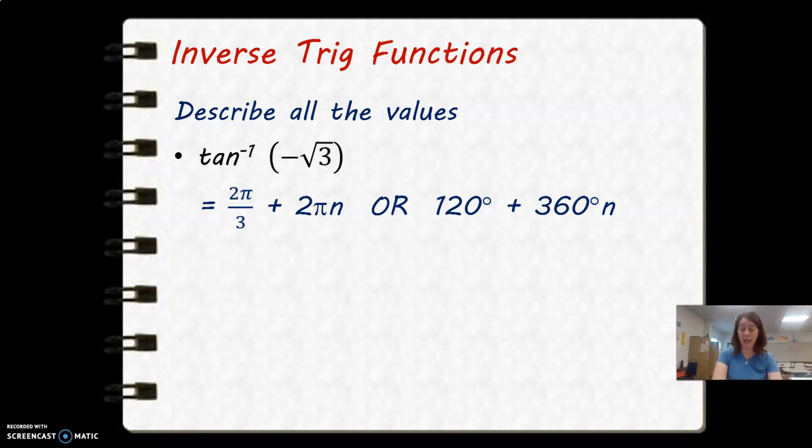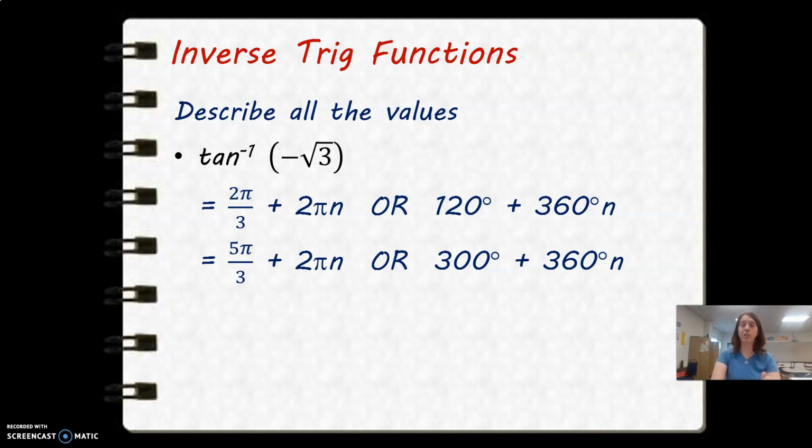So what angle down there has the y containing a root 3? That's at my 300 degrees. So if I'm giving all of my answers, notice I did 300 plus 360n, again 360 because of the rotation, n, how many times did I rotate? And then the other answer is the radian answer of 5 pi over 3 plus 2 pi n.